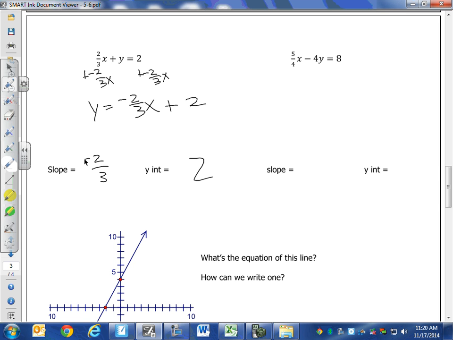No. But you could subtract 5/4 x or add negative 5/4 x. What's negative 5/4 divided by 4? Figure it out. Come on.